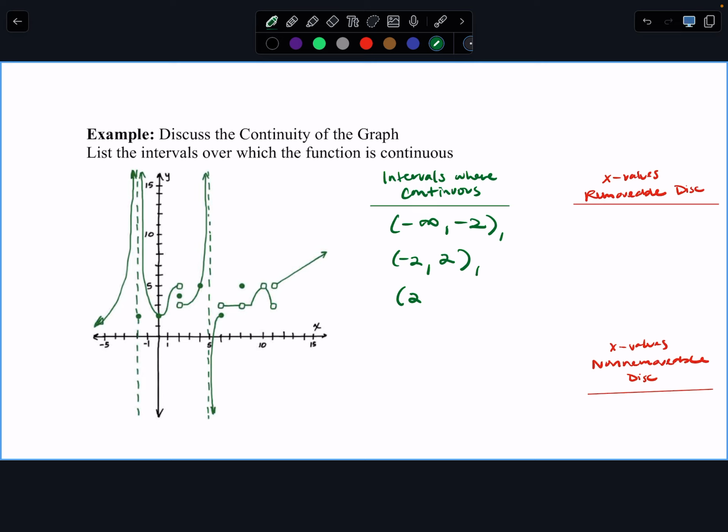So looking at 8 and 10, at 8, the two-sided limit would match the function value. At 10, the function's undefined, but the limit exists. So both are removable. Gabby, can you tell me where you determined there were non-removable discontinuities? X equals -2, 5, 6, and 11.